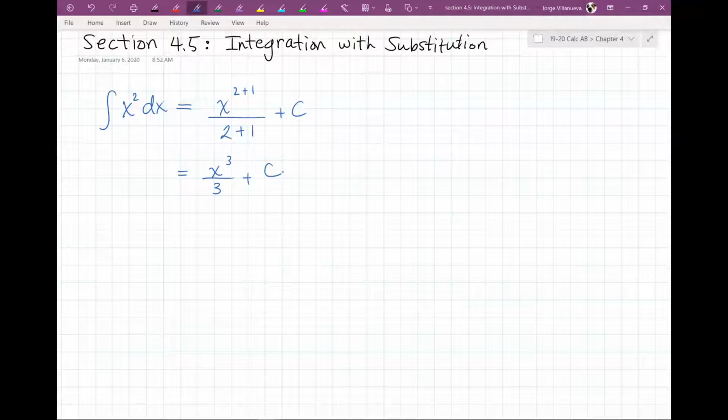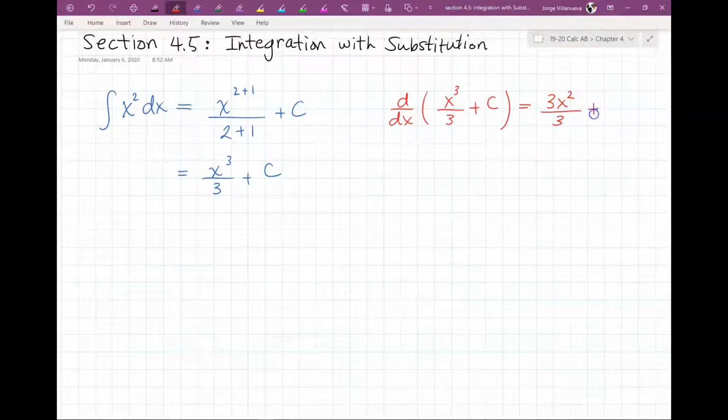Okay, and if you ever wanted to check to see if you did this right, you get your answer, x cubed over 3 plus C, and you take a derivative of it. So the derivative of x cubed is 3x squared, so 3x squared over 3, and the derivative of a constant is 0.